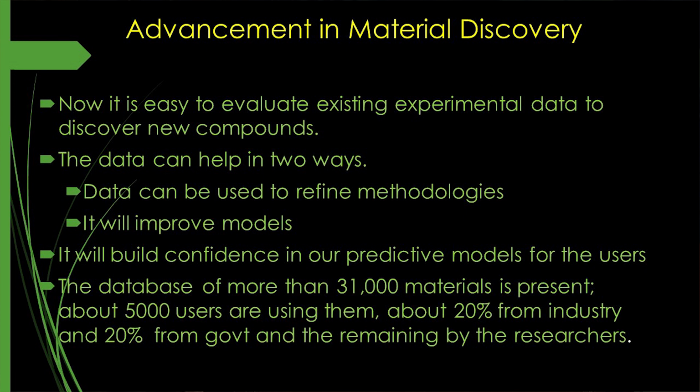There are different database banks, but the one used in the US has nearly 31,000 materials on it, and about 5,000 users are using them. About 20% are from industry, 20% from government, and the remainder are researchers. So researchers are using 60% of this available data.